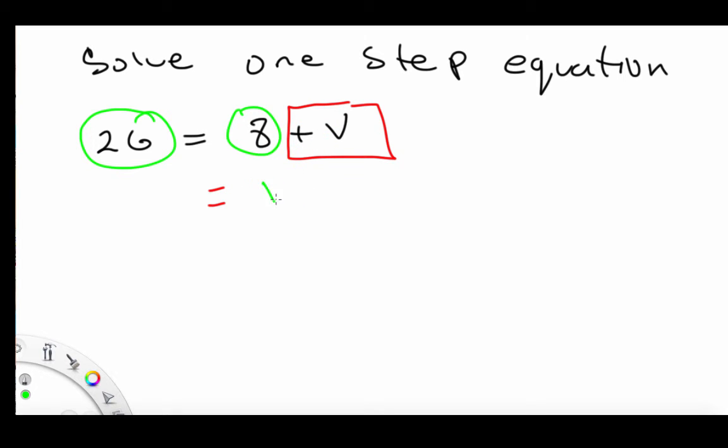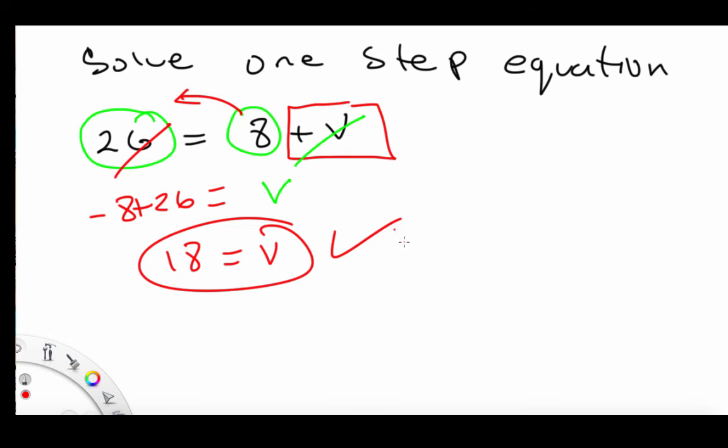Let's bring the v down. Right, we use that up, and now let's use all the integers on the left side of the equal sign. So we bring down the 26, positive 26. We're done with that. And let's bring the positive 8 over, and this is negative 8. So negative 8 plus 26 is subtraction. You get 18 equals v.